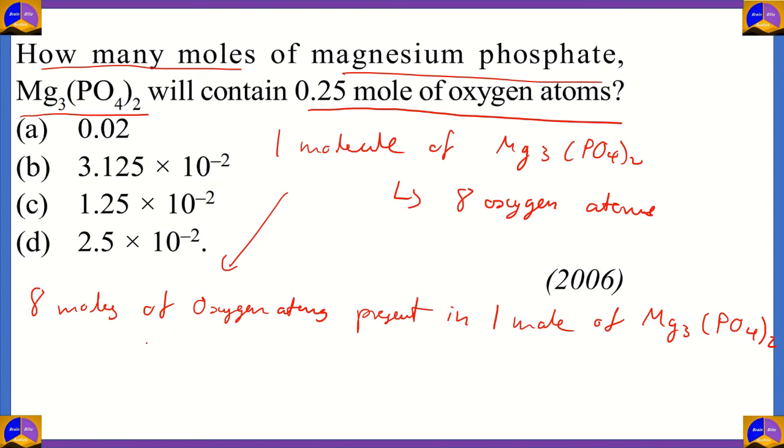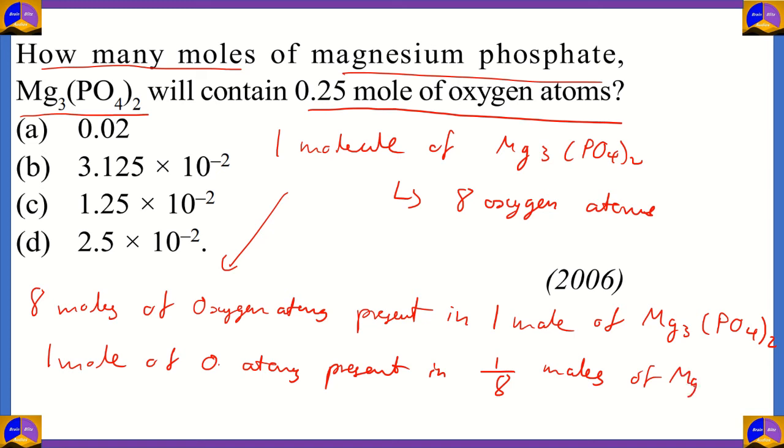Now, if we were to make the left side unity, that means 1 mole of oxygen atoms are present in 1 by 8 moles of Mg3(PO4)2. So when 1 mole of oxygen atoms are present, that means the amount of Mg3(PO4)2 is 1 by 8.